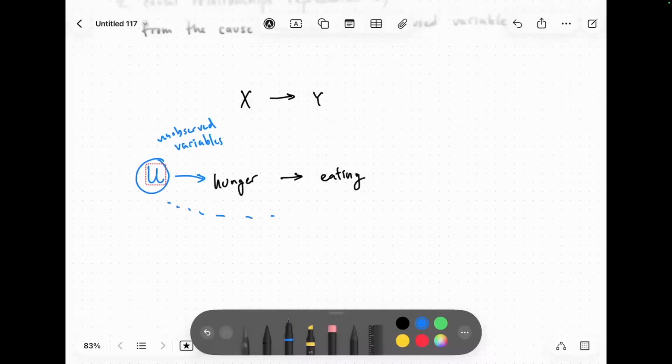Maybe they could even contribute to eating even if you aren't hungry, right? You see something that looks really tasty, you're not hungry, and you still eat it. And so generally speaking, even if it doesn't affect the y completely, we still want to include u in the graph.